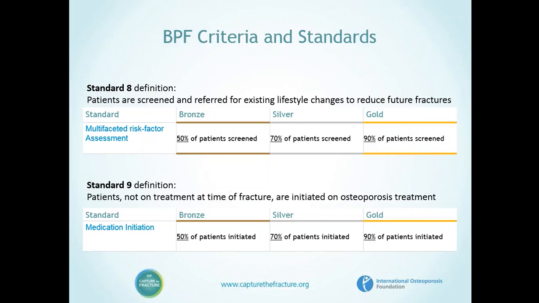Standard number 9 means that patients not on treatment at the time of fracture are initiated on osteoporosis treatment. And this is a relatively simple one where we see the proportion, and that medication should of course be in line with the guidelines. So whether what is recommended in the specific country for what should be used as a first line or second line therapy depending on the patient's needs.